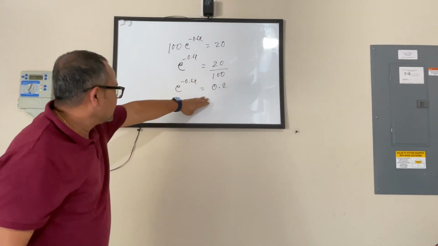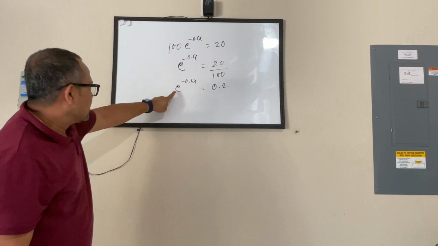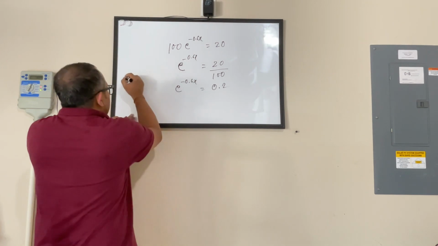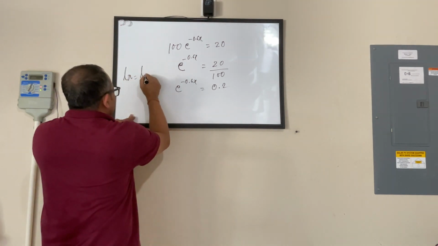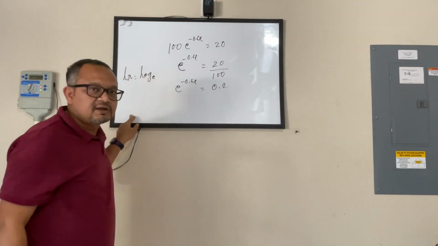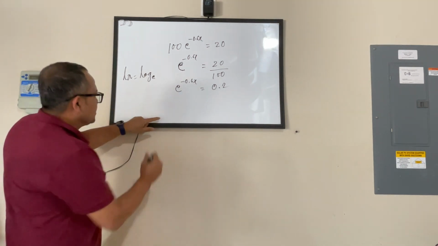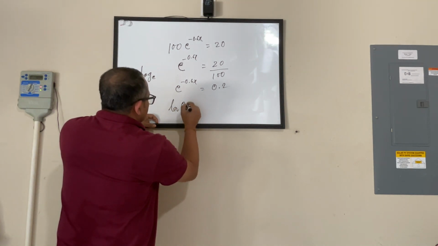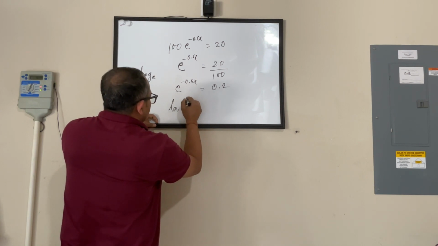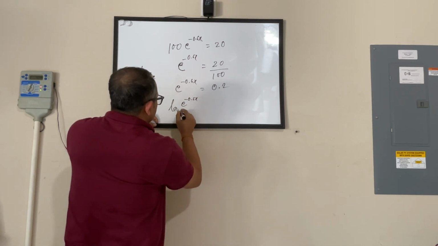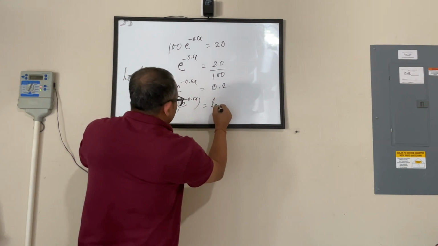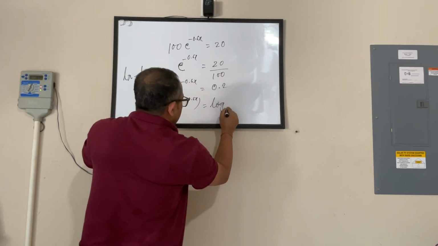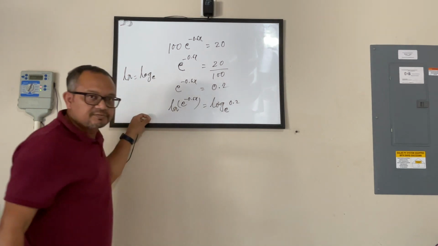Okay. Now we can convert this. See, this is the e that I was talking about. ln is nothing but log to the base e. So we can say ln of e to the power minus 0.6x equals ln, or I will keep it simple, log e of 0.2.